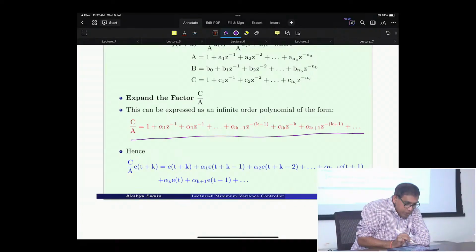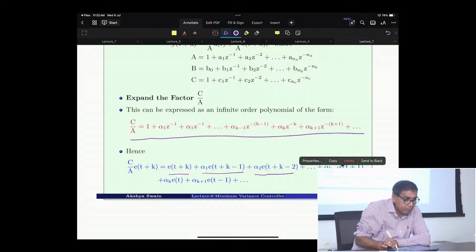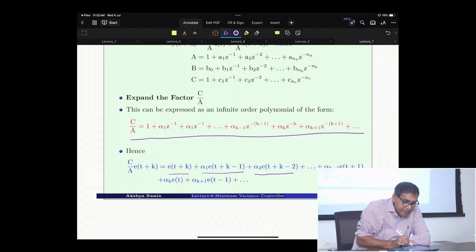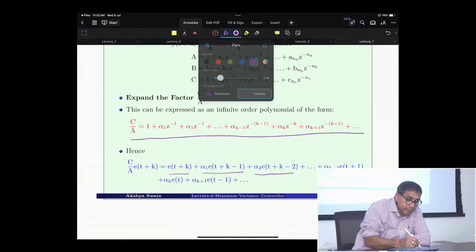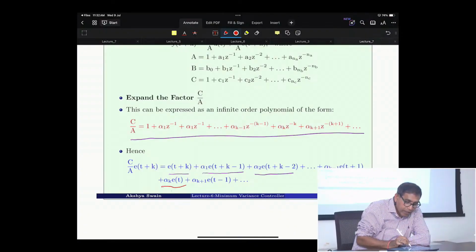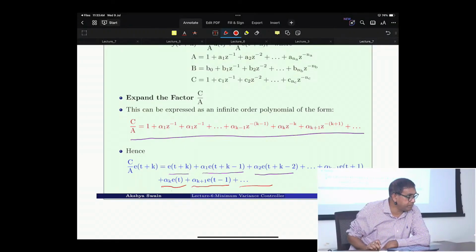C by A et plus k is equal to, if I multiply it here, I will get et plus k, alpha 1 et plus k minus 1, alpha 2 et plus k minus 2, alpha k minus 1 et plus 1, alpha k et, alpha k plus 1 et minus 1 and subsequently, right?